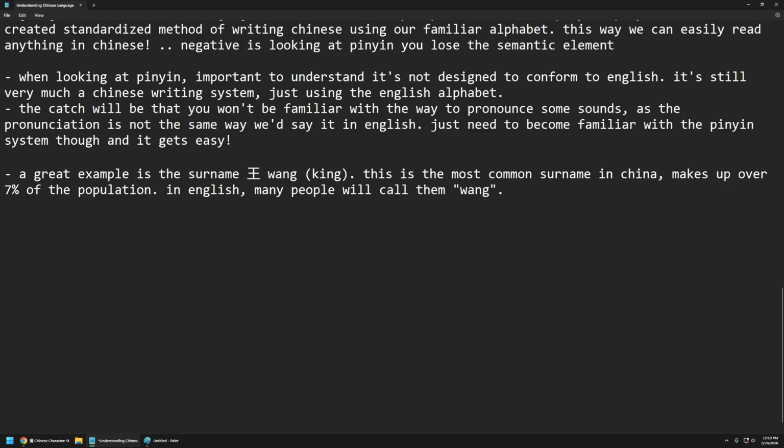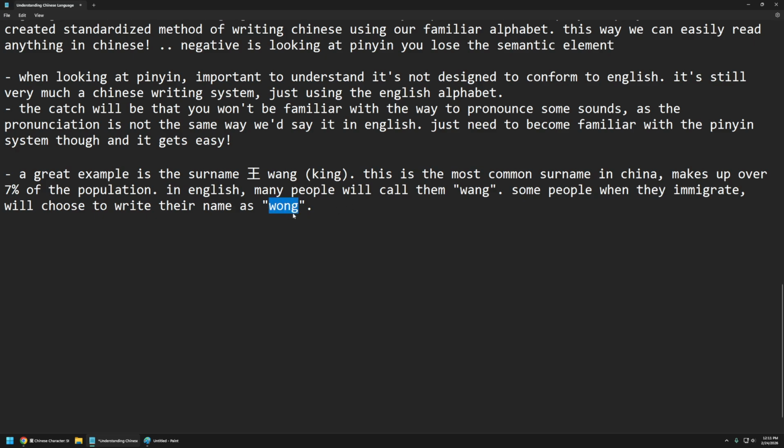So you may know that some people, when they immigrate, will choose to write their name as Wong. And that's because that's how you pronounce this. So if somebody writes their name like this, it very well may be their Chinese surname. And that's because this way people won't mispronounce it so much.